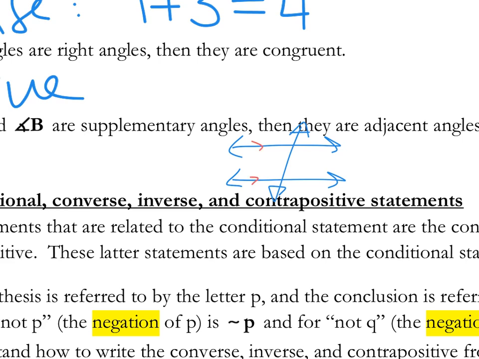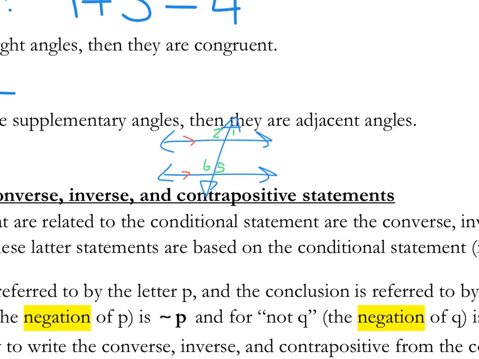And those little arrows mean that it's parallel. I'm going to go ahead and number these angles 1, 2, 3, 4, 5, 6. Okay. So notice that angles 1 and 2 equal 180 degrees.